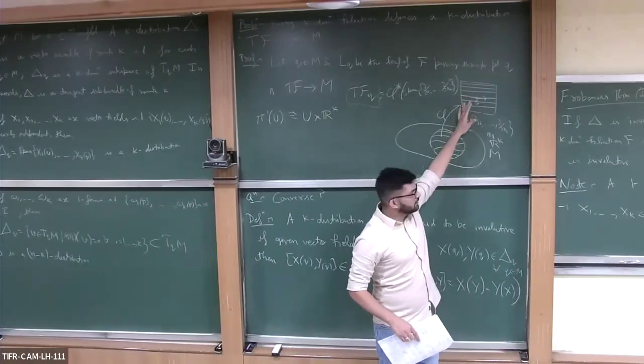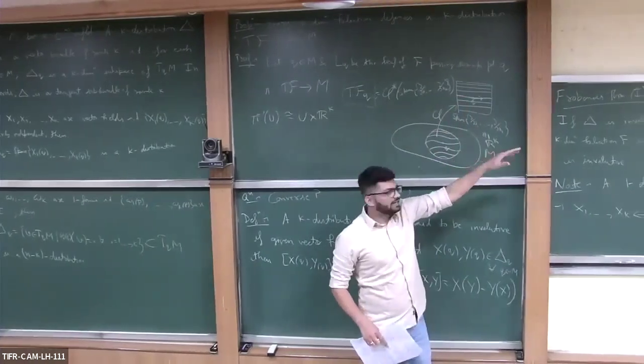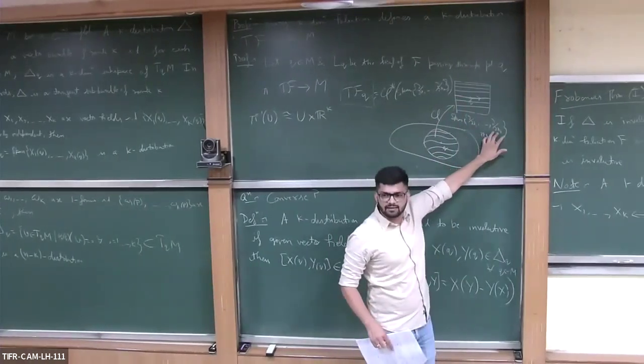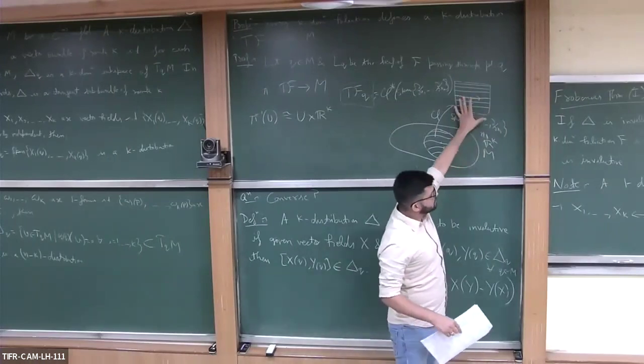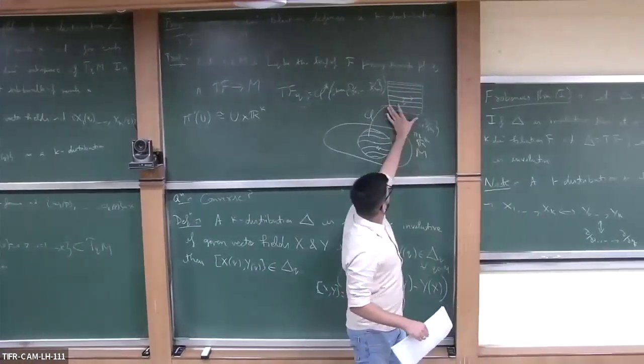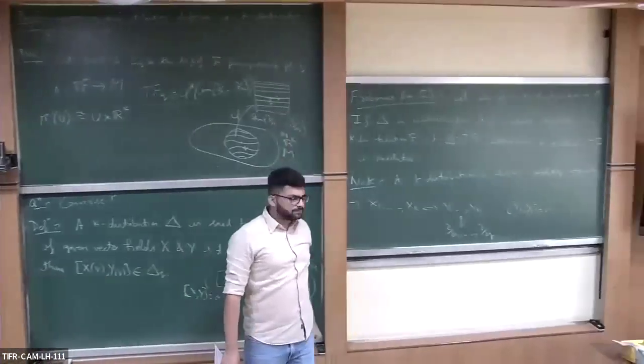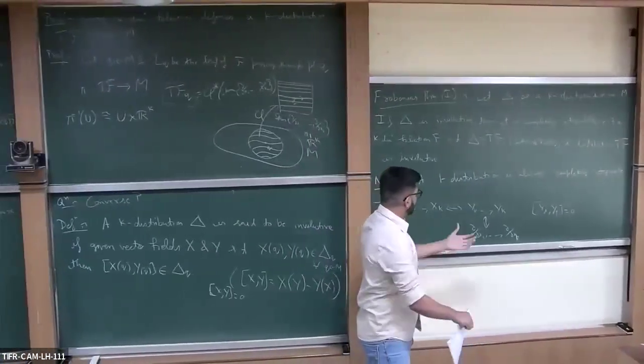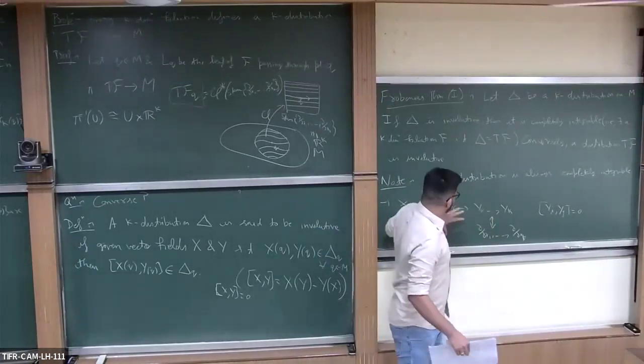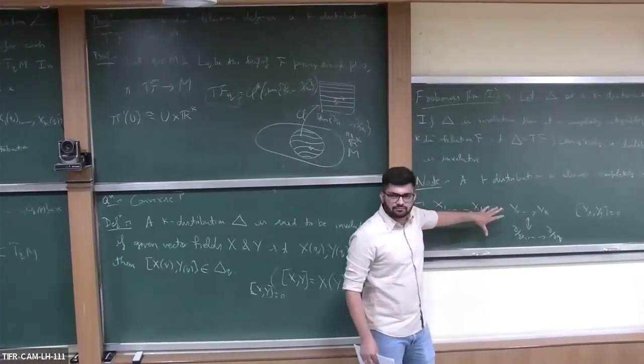So in the neighborhood, these vector fields are the constant del by del x1 up to del by del xk, and the picture of this in the neighborhood is given by this picture. That's how we construct a foliation corresponding to a distribution.